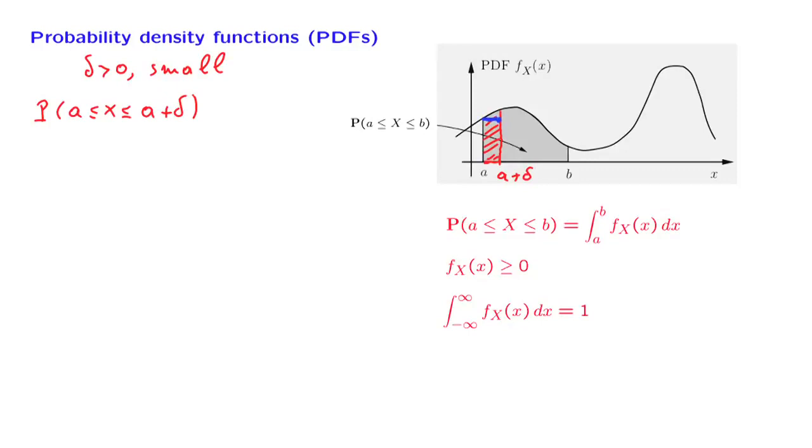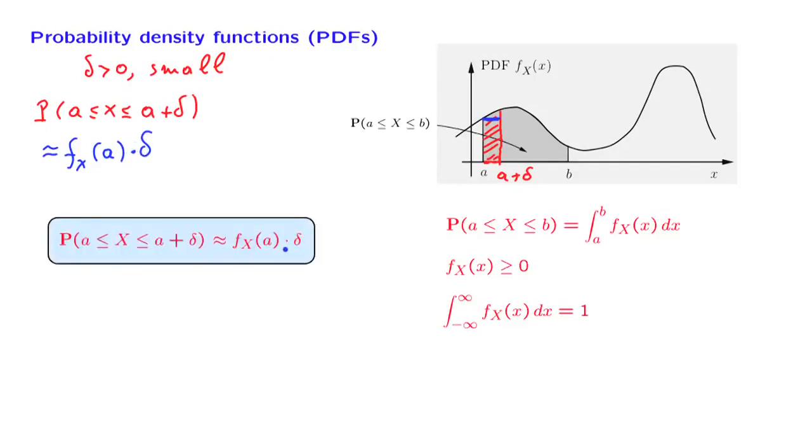The area of this rectangle is equal to the height, which is the value of the PDF at the point a, times the base of the rectangle, which is equal to delta. So this gives us an interpretation of PDFs in terms of probabilities of small intervals.